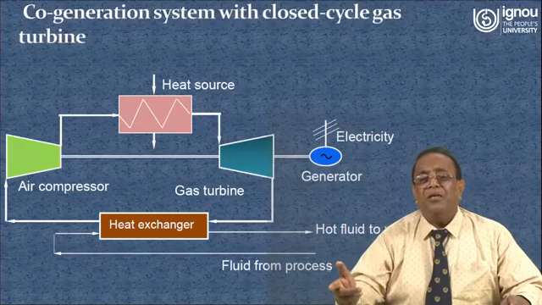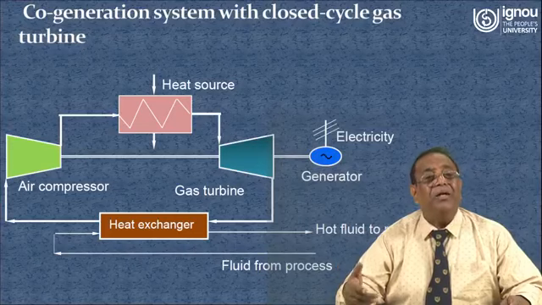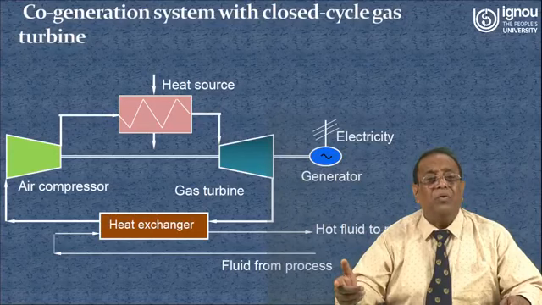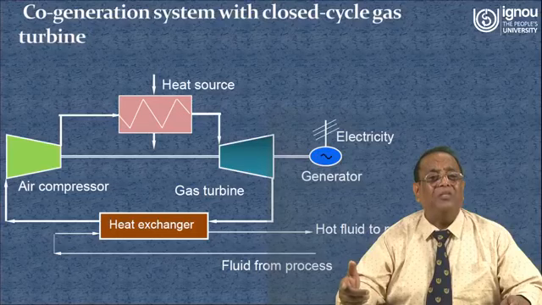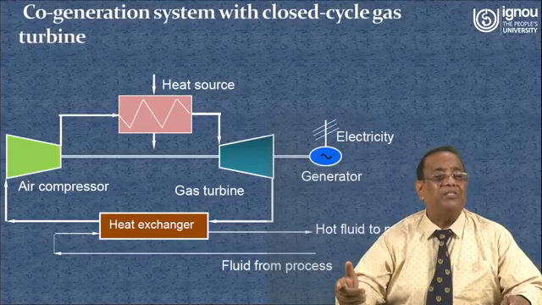After that, the gas coming out from the gas turbine enters into the heat exchanger, and in the heat exchanger the heat in the hot gases coming out from the gas turbine is given out to the fluid coming from the process industries. Actually, that fluid is heated by the heat available within the hot gases coming out from the gas turbine.